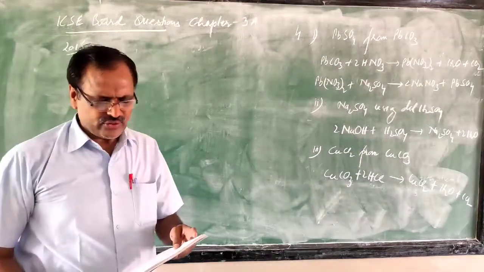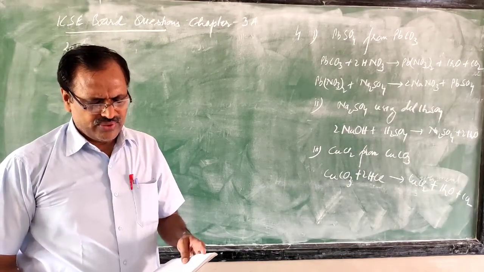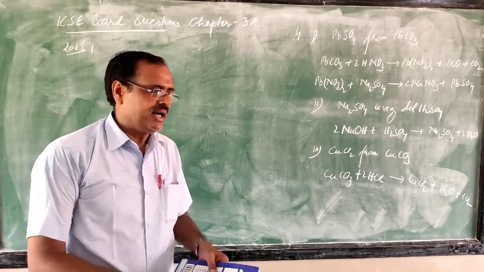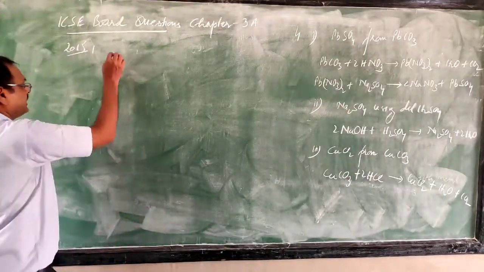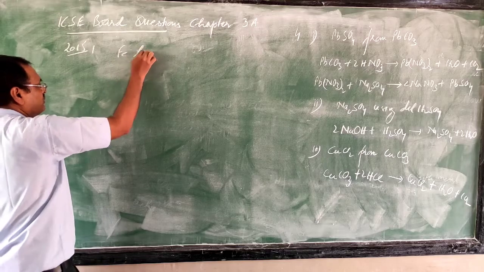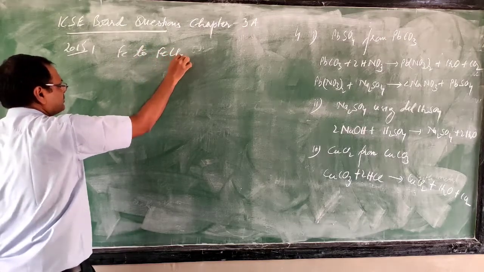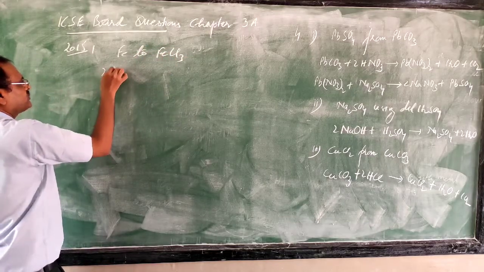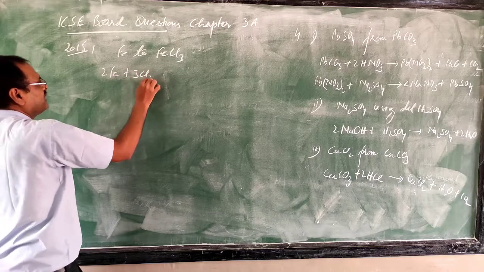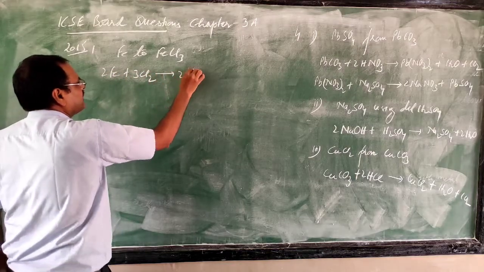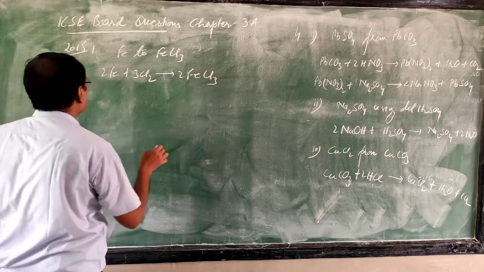Give the balanced equation for the following conversion: iron, Fe, to FeCl3. Only the chemical equation you have to give. By direct combination, you can prepare it. This will form 2FeCl3.